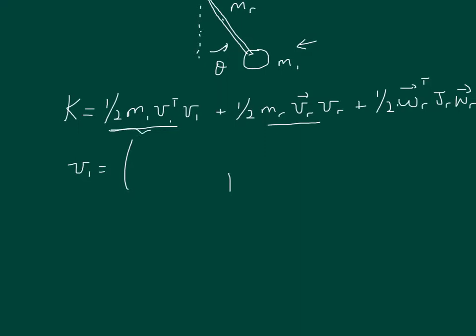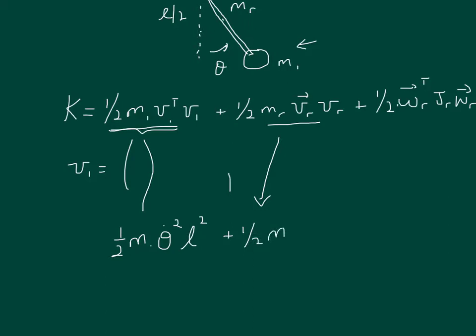So this part right here is going to be 1/2 m1 theta dot squared times L squared. And now because the center of mass of the rod is at length L/2, the kinetic energy for this part is going to be plus 1/2 m2, or mr, theta dot squared, and then we're going to have L/2 quantity squared.